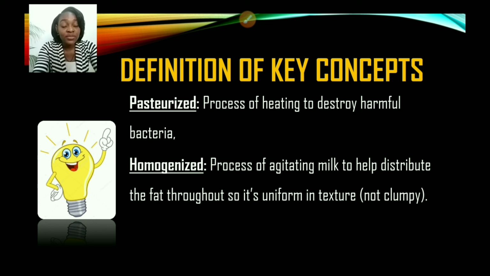This process refers to agitating milk to help distribute the fat throughout, so it's uniform in texture. Therefore, the milk is not clumpy. Good. So we looked at pasteurization, the process of heating the milk to destroy harmful bacteria.